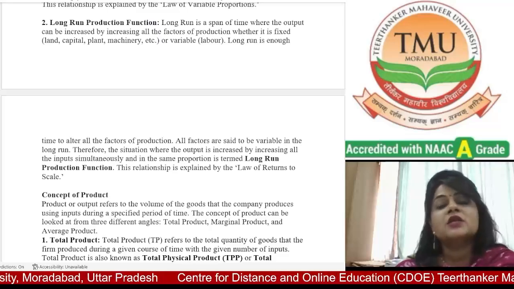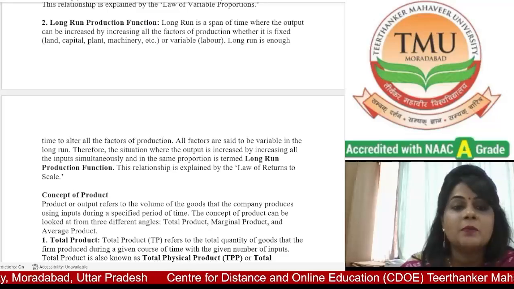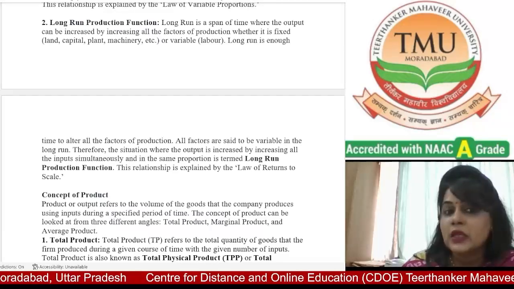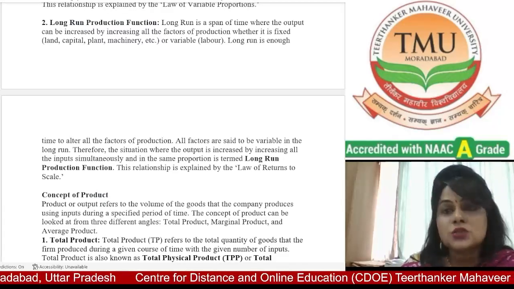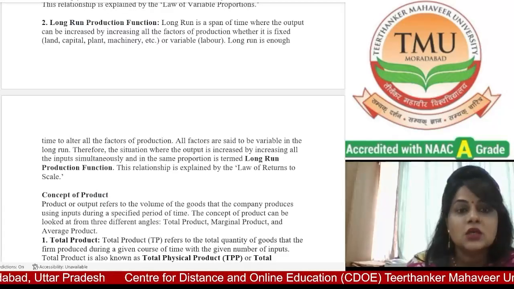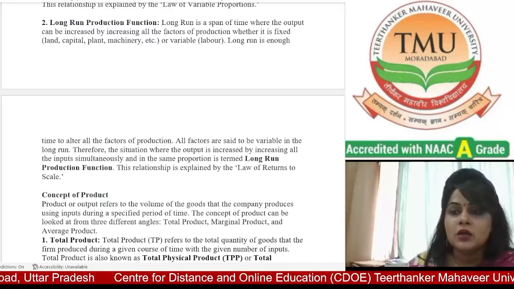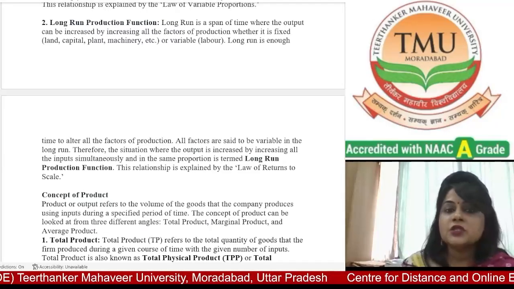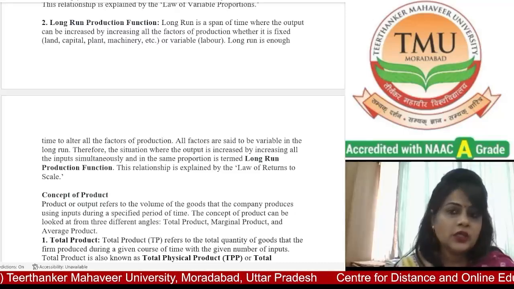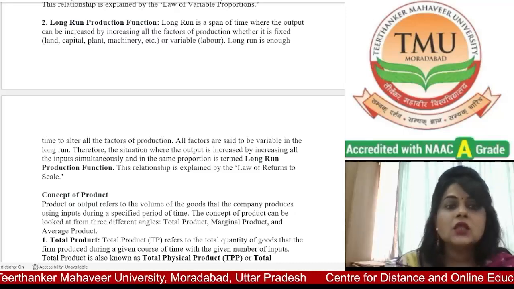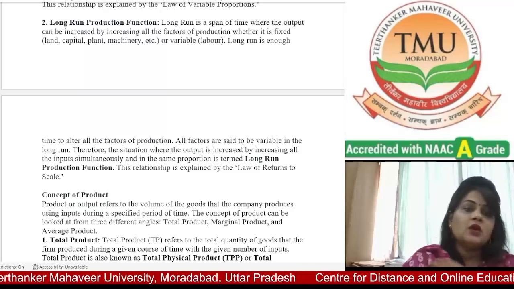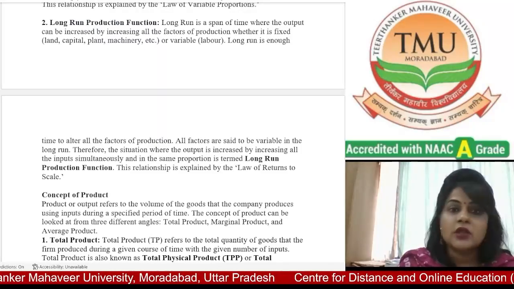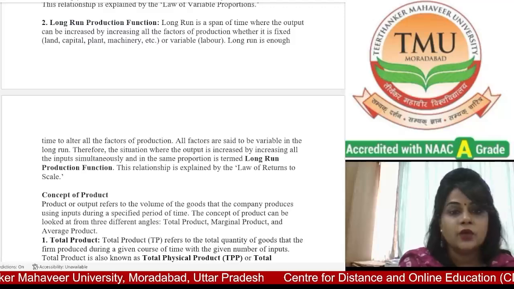If they are increasing returns, then economies of scale are being experienced. In increasing returns, the cost will be reduced. So, in simple words, we can say the long run production function may also be termed as returns to scale, which I will discuss in a further video.